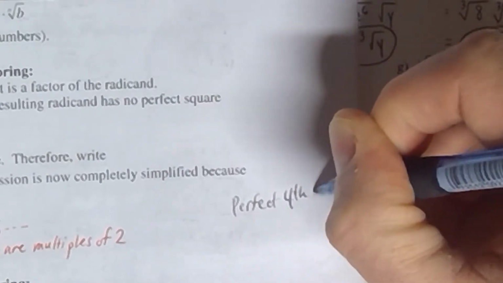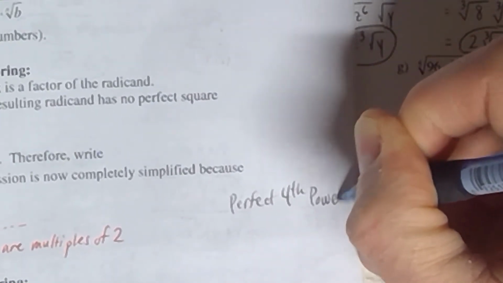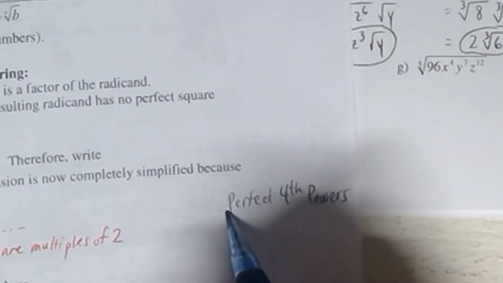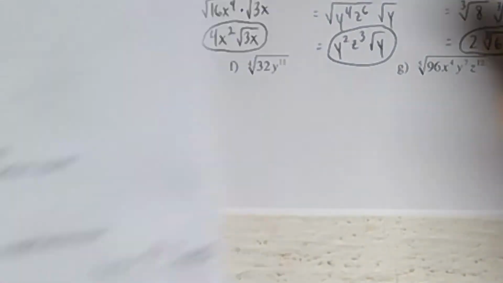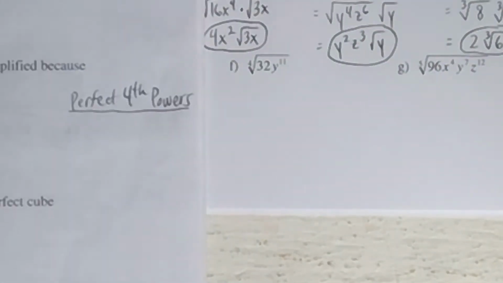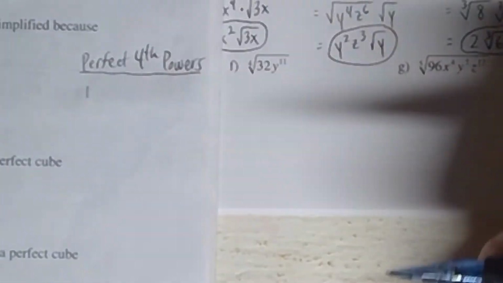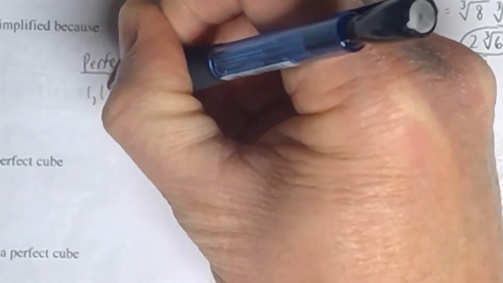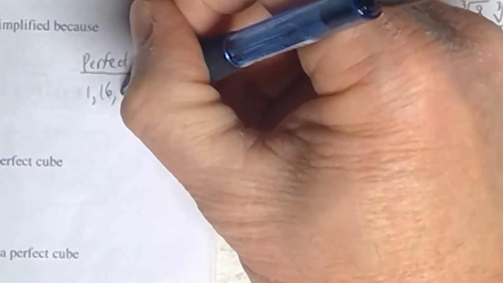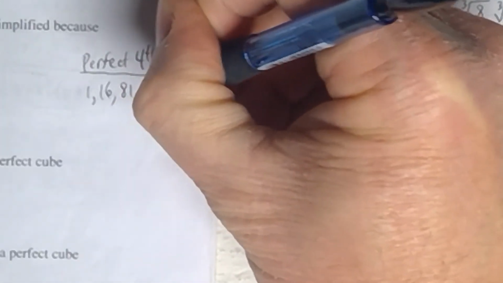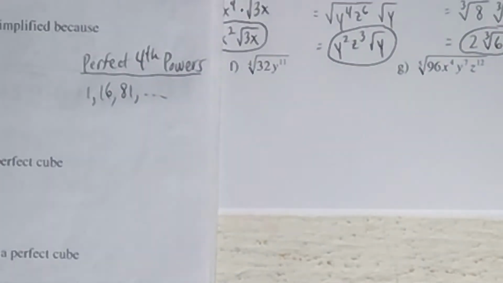There's no cute name for it like square and cube. What are those numbers? They are 1 to the 4th power, 2 to the 4th power, which is 16, 3 to the 4th power, which is 81, and so on.